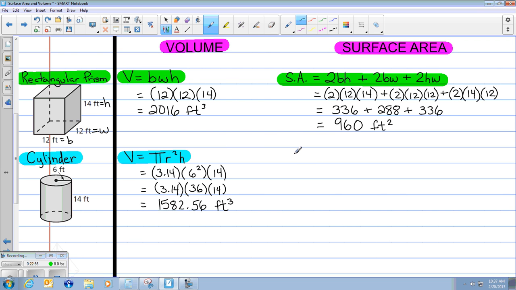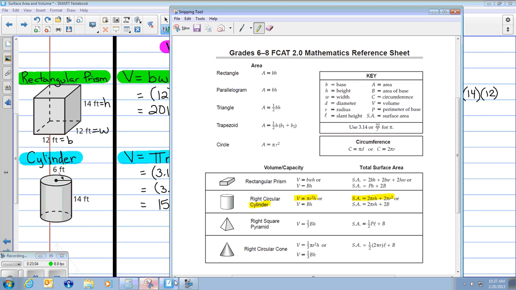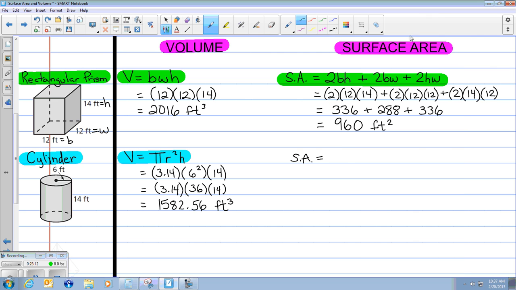And then let's do the surface area. Remember to go back to your reference sheet. The surface area formula is 2 pi r h plus 2 pi r squared. It's worth your time to double check and make sure you're writing that down correctly.